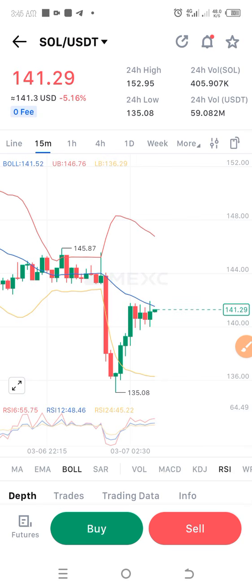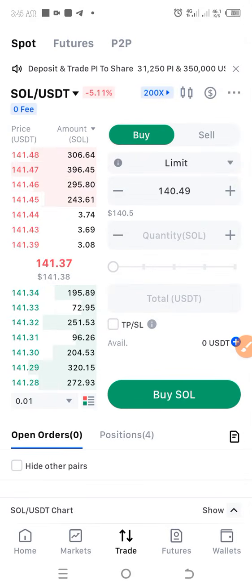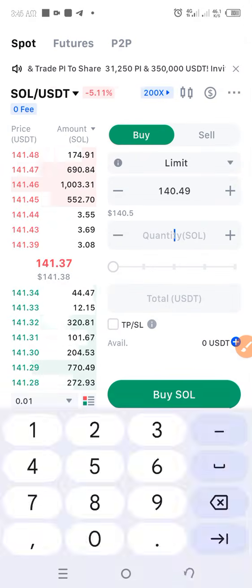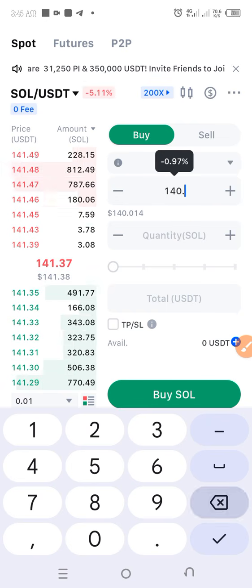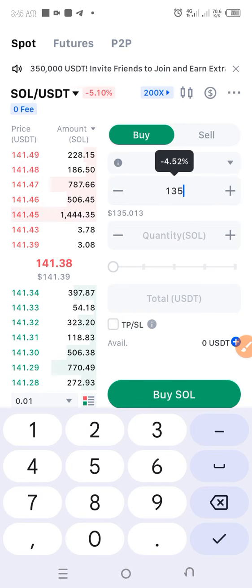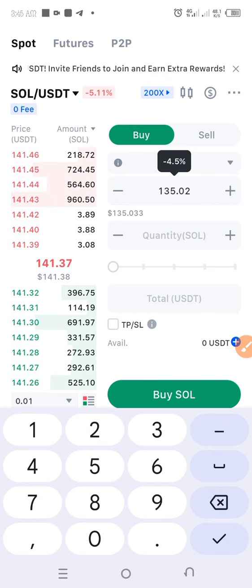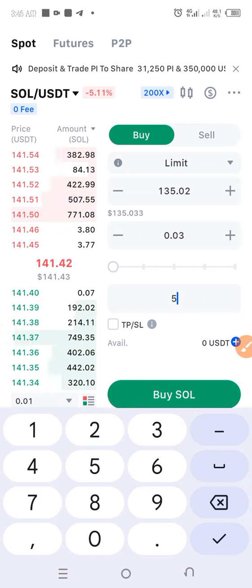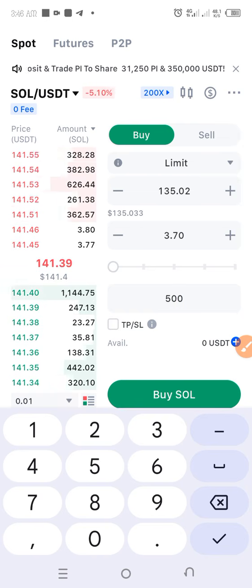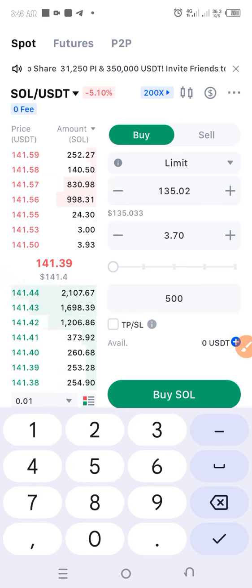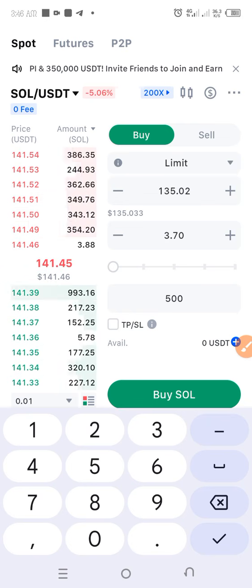Then let's say you buy from here using spot trading. This is not futures. Using spot trading, you buy here at around 135.02, and you bought maybe $500 worth, and you notice that you have 3.7 Solana.